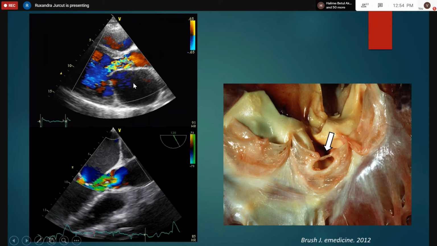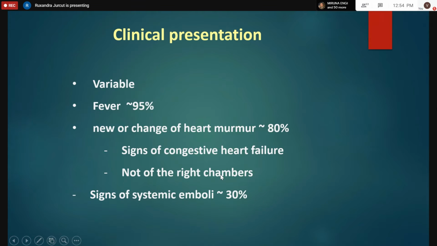And this actually corresponds to this, which is an aortic cusp perforation due to infectious endocarditis. And of course, the only treatment for such a thing is surgery, because you cannot do anything. I mean, antibiotics can, of course, sterilize the valve, but they cannot repair this sort of perforation.